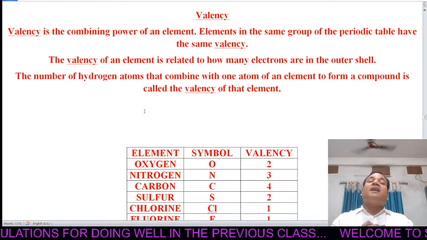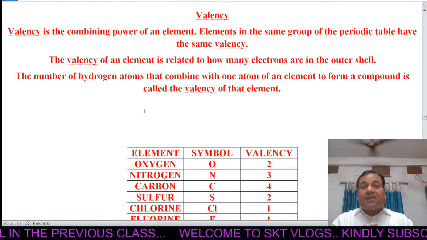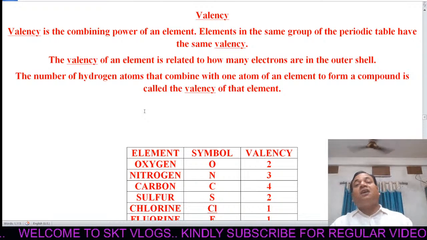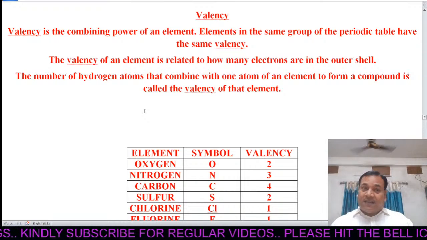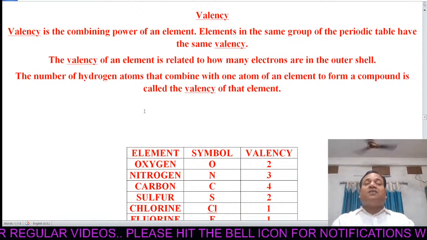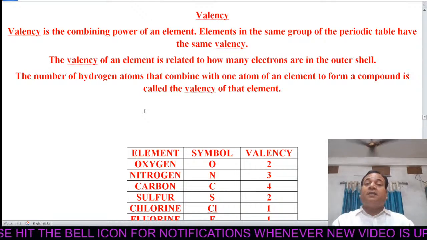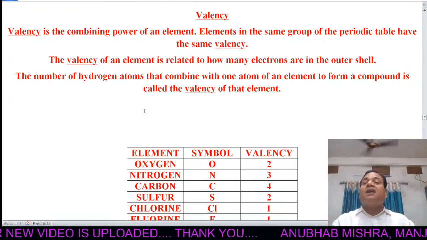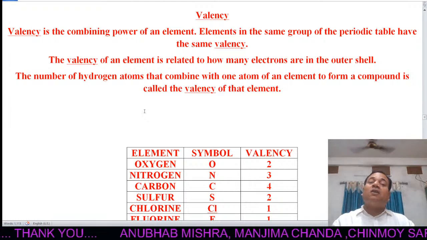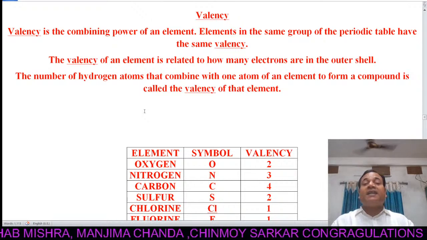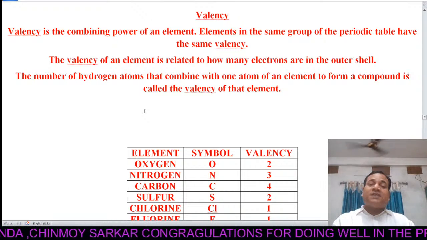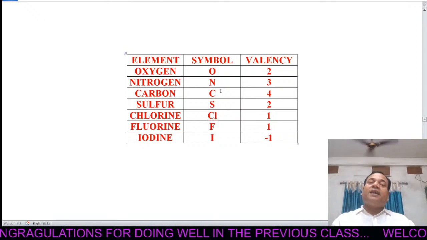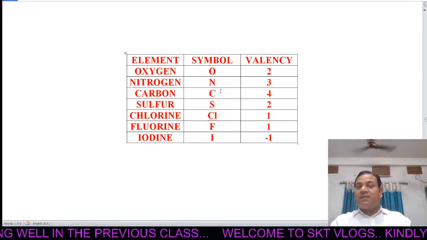So the valency of an element is related to how many electrons are in the outer shell. The number of hydrogen atoms that combine with an atom of an element to form a compound is called the valency of that element. Now see this chart: element, symbol, valency.